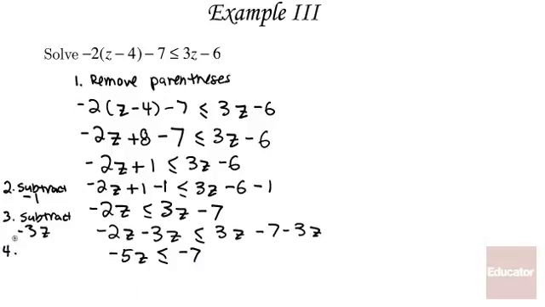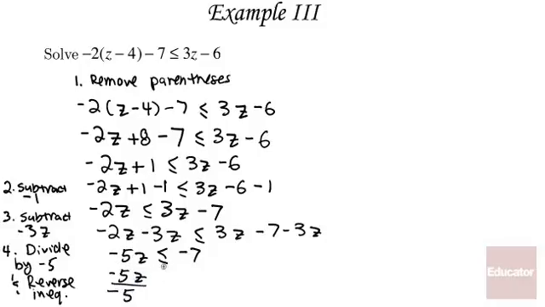Looking at this, I have to then divide by negative 5 and reverse the inequality. Okay, so I'm dividing both sides by negative 5. As soon as I do that, I'm turning this into greater than or equal to negative 7 divided by negative 5.